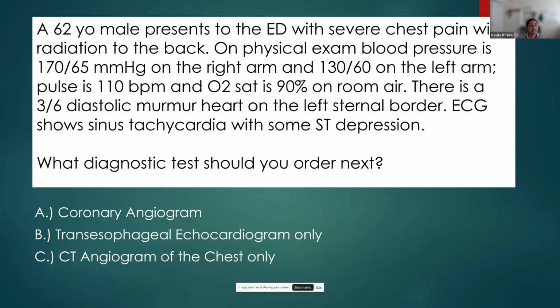There's a 3 out of 6 diastolic murmur on the left sternal border, and the ECG shows sinus tachycardia with some ST depressions. What diagnostic test should be ordered next? Should it be A, a coronary angiogram, B, a transesophageal echocardiogram only, or C, a CT angiogram of the chest only?